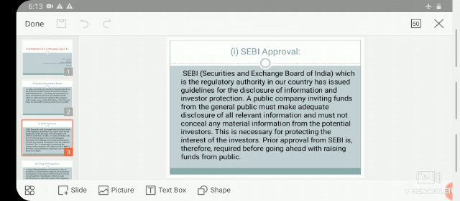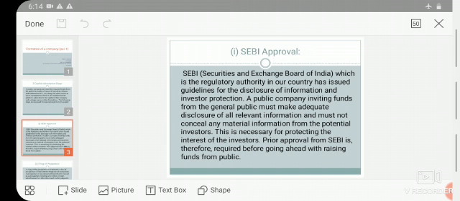A company inviting funds from the general public must make necessary disclosure of all relevant material information, and if any wrong information is given by the company, then the company is going to be inviting some legal action.